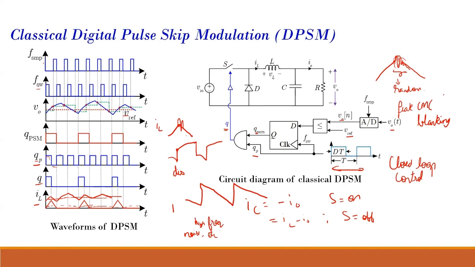So we have a blanking period to look after that. It is not usually shown in these waveforms, which are just ideal, to give a conceptual understanding. When we implement practically, we have to consider these things and proceed.